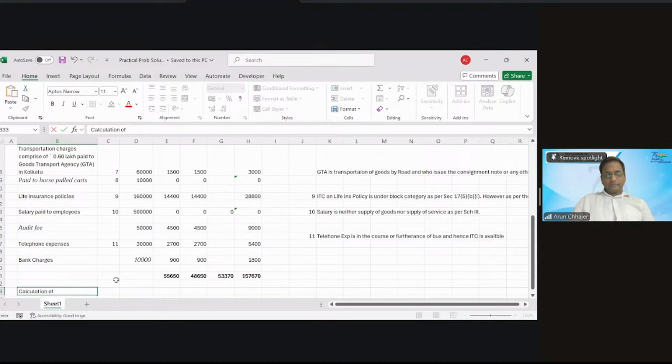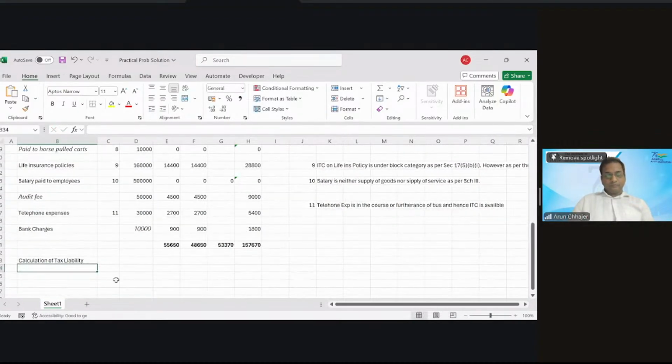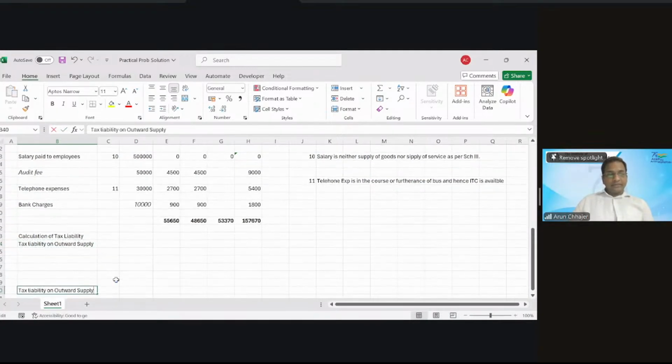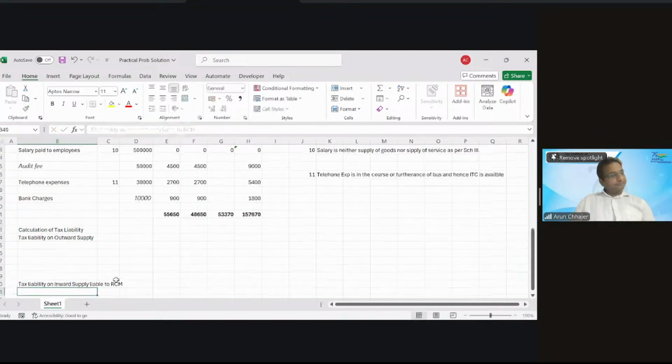Calculation of tax liability on outward supply, and we will calculate tax liability on inward supply liable to RCM.